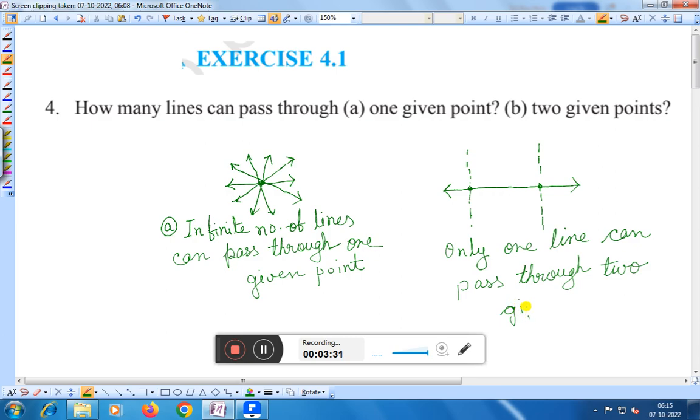Okay, this is the solution of question number B, right?